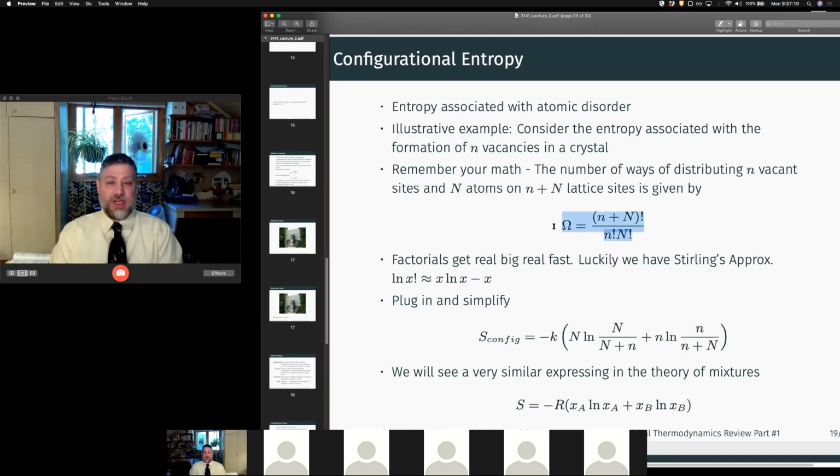Factorials get really big really fast, so luckily we have Stirling's approximation.